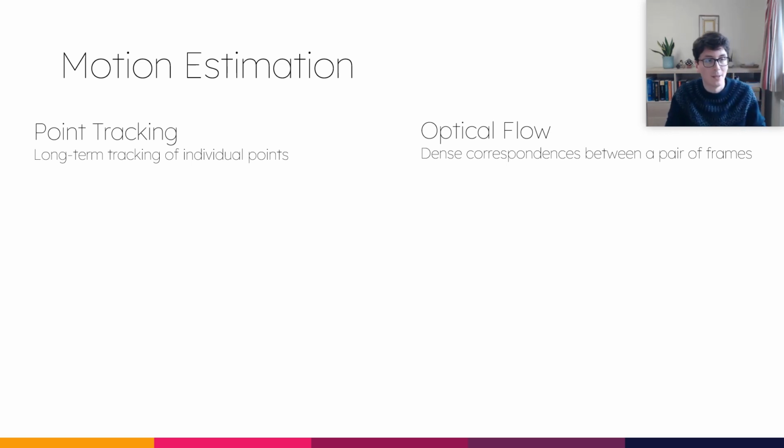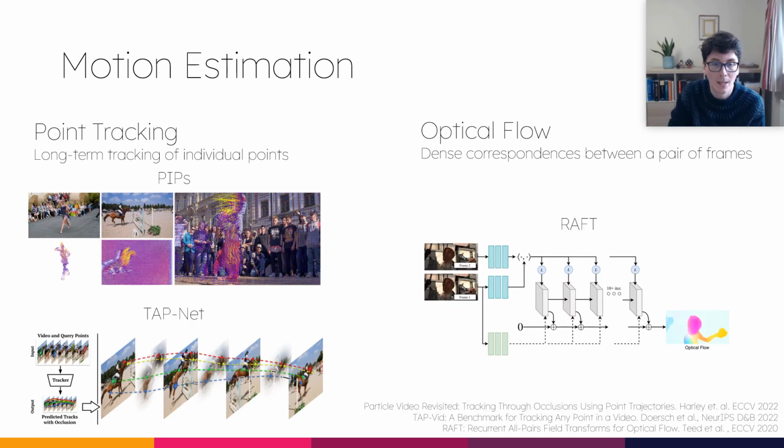So you have basically a long temporal horizon, but very small spatial resolution, just one point. And in optical flow, you have a very short temporal horizon, but you can predict a very dense motion field from one frame to the next. And here's a couple of works that basically fall exactly into these categories.